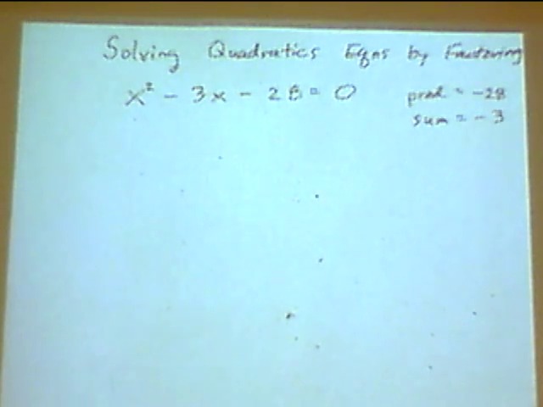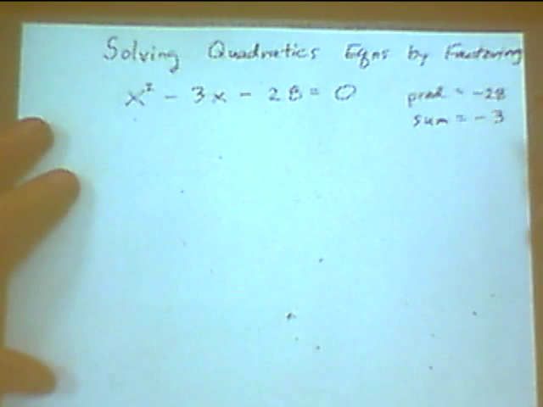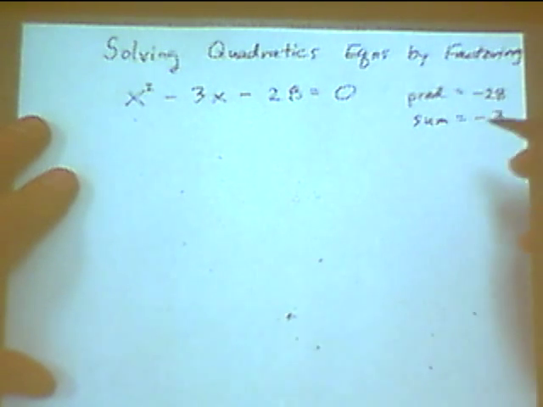So once again, I'm trying to find two numbers that you can multiply together that equals negative 28. But when you turn around and add the same two numbers, they equal negative 3. And as it turns out, once you do these enough, you can oftentimes pretty quickly begin to see what the factors are.